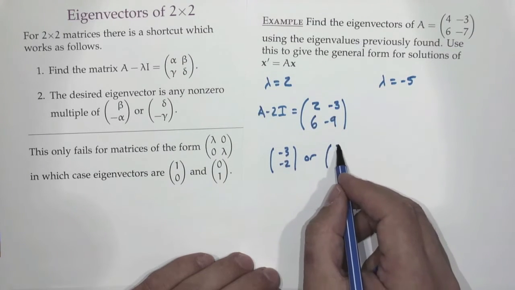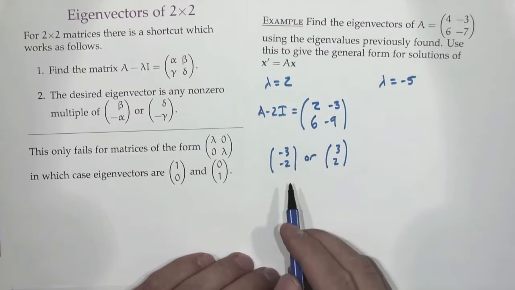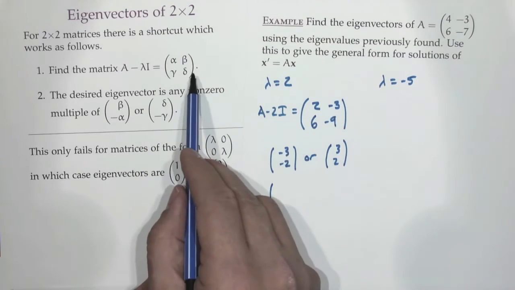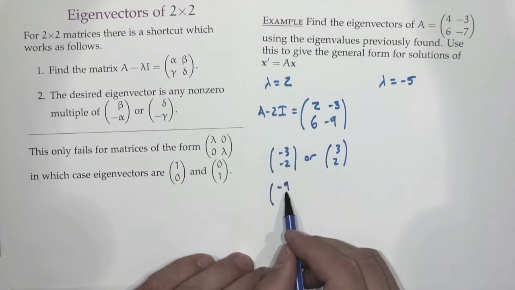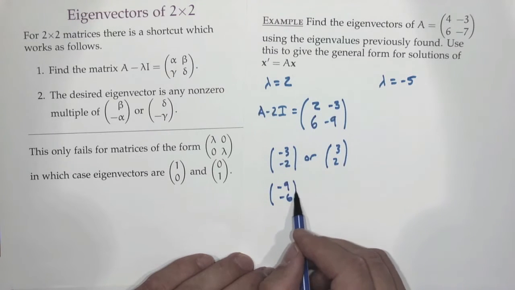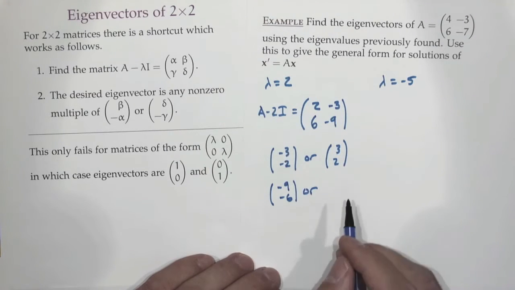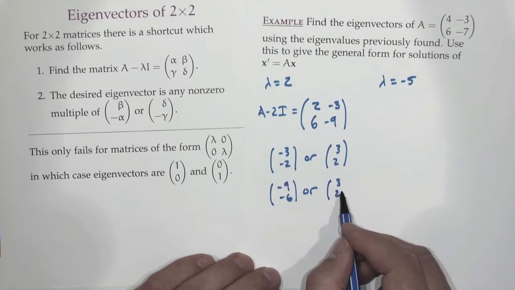Yeah, negative 1: 3, 2. Or we could have gone downstairs. In that case, the second row being gamma, delta: 6, negative 9. Well, that would have been negative 9, negative 6. What could we have scaled by here? Negative 1/3, and we would have ended up with 3, 2.